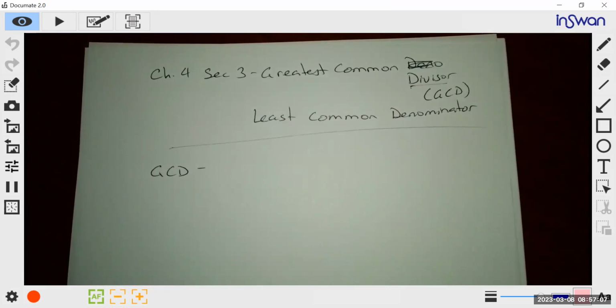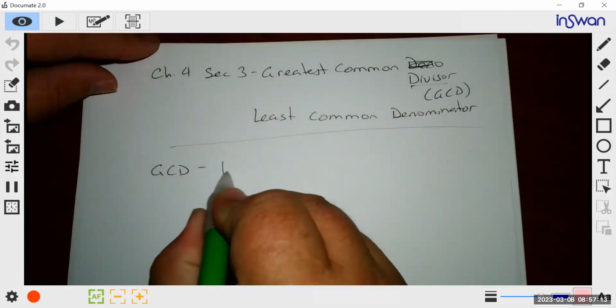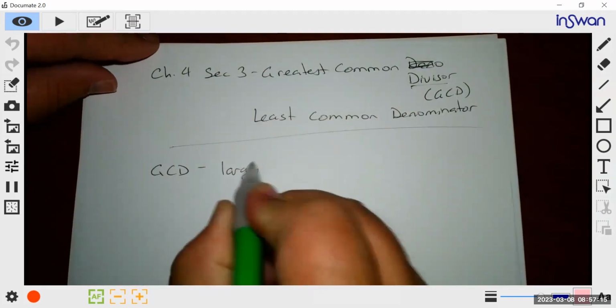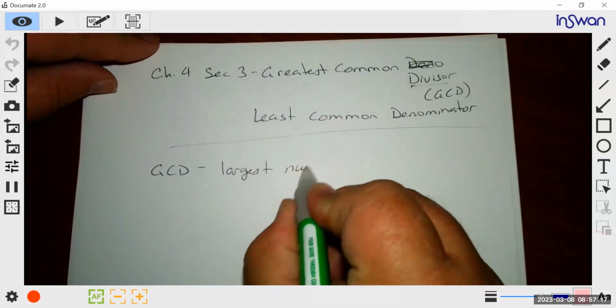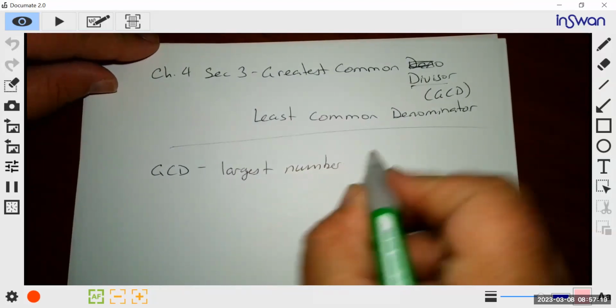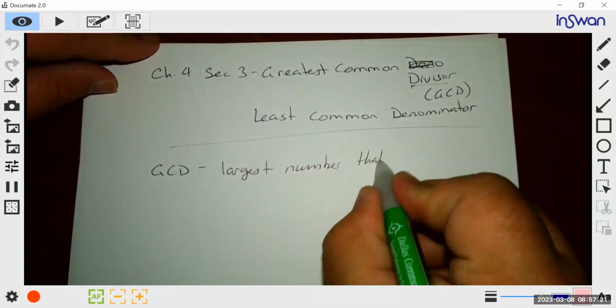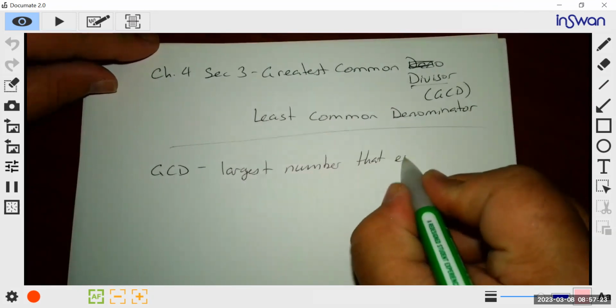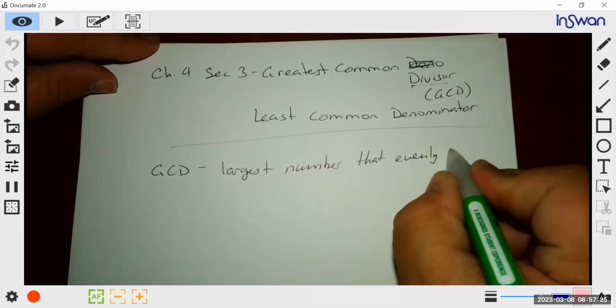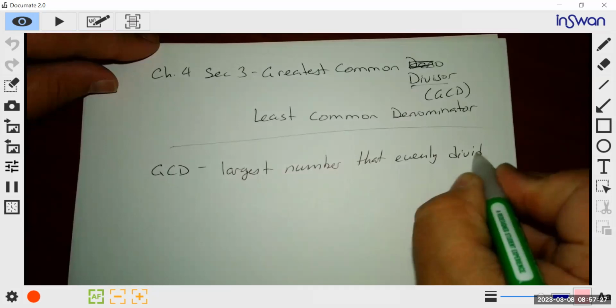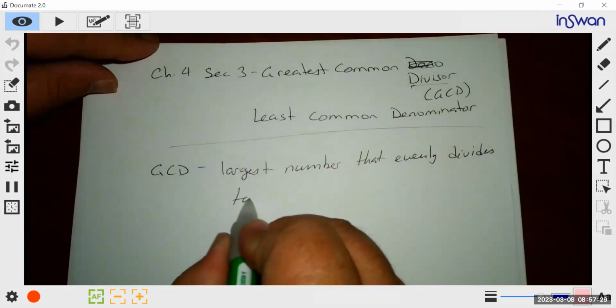Yeah, the largest number that goes into two numbers equally, or factors of two numbers. Largest number that evenly divides two numbers.